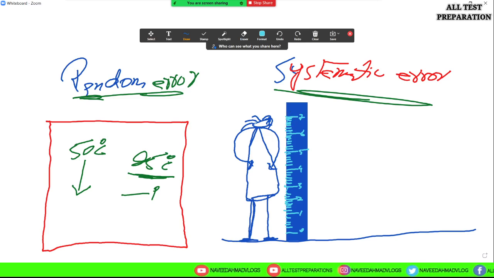So what do you think the height of this girl will be, 7?